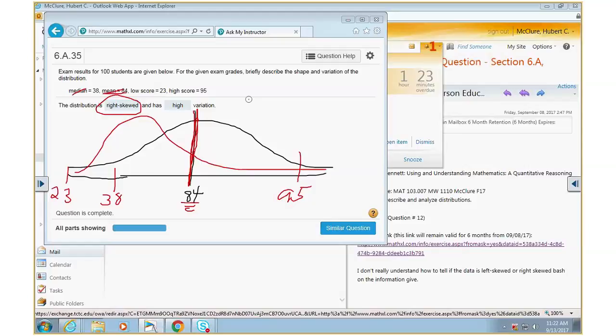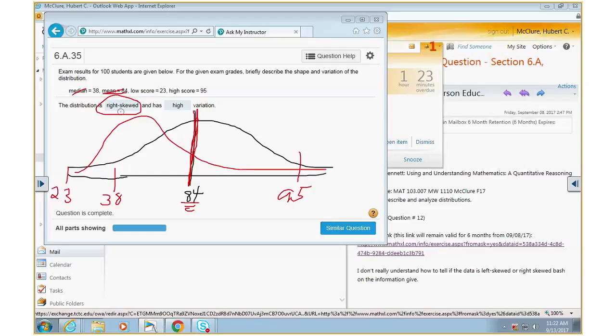If you've got a lot of distance between the mean and the median, then what does that mean about variation? You've got a lot of variation. So that's how you do that one.